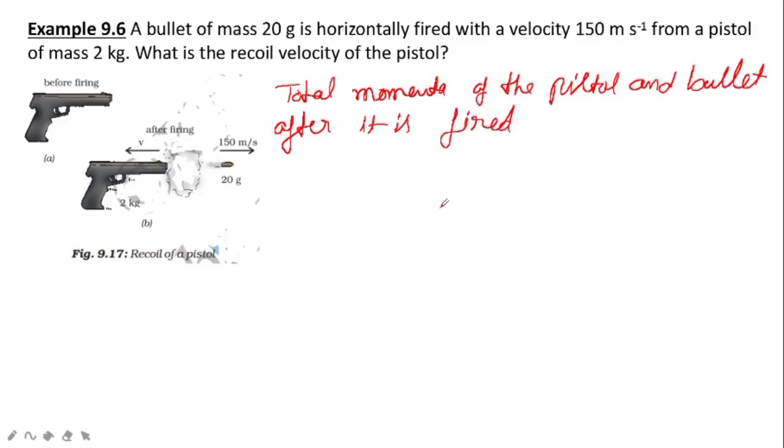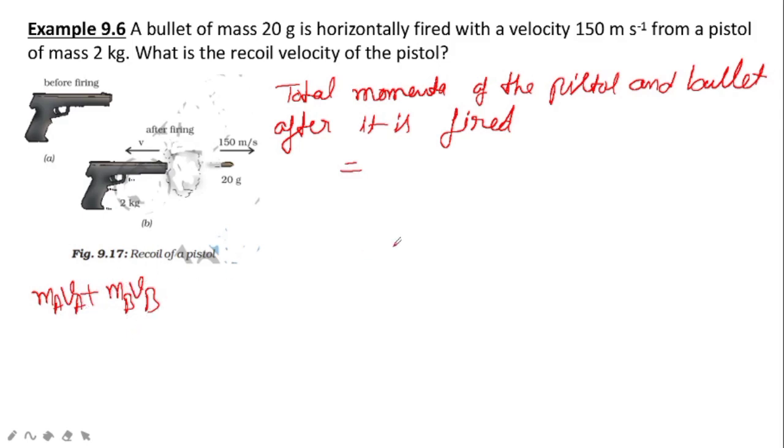So what is the formula? Do you remember that? MA into VA plus MB into VB. This is the total momentum after firing. Now we will take the mass of the bullet and its velocity, then the mass of the pistol and its velocity.